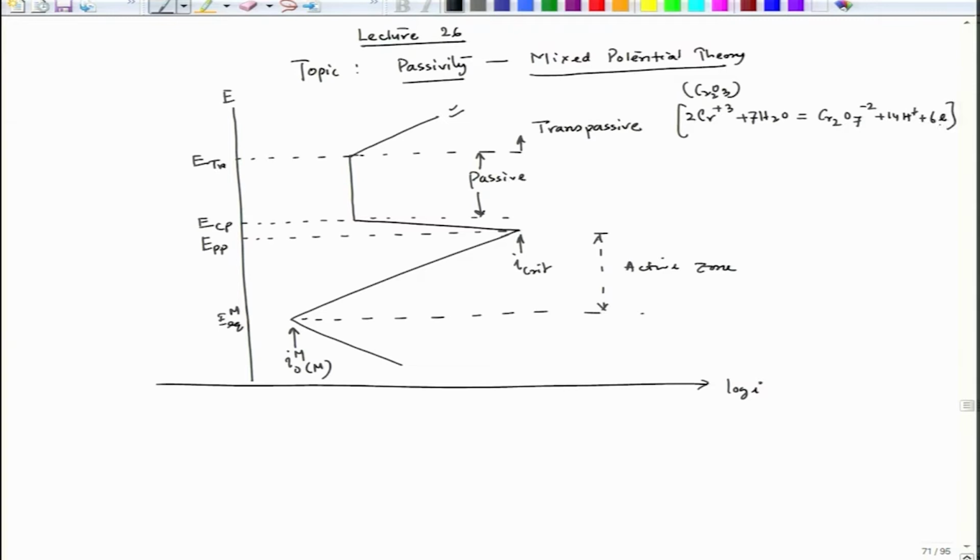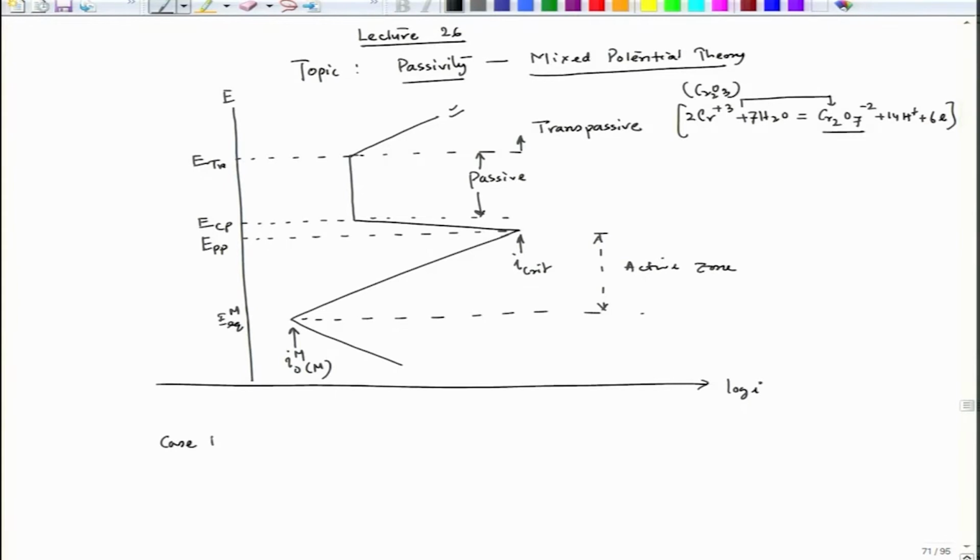This reaction can happen, where this is the transition it can have, where this one can dissolve. So, the oxide layer will no more be passive, rather it will start dissolving. So, this we are indicating as a transpassive zone.